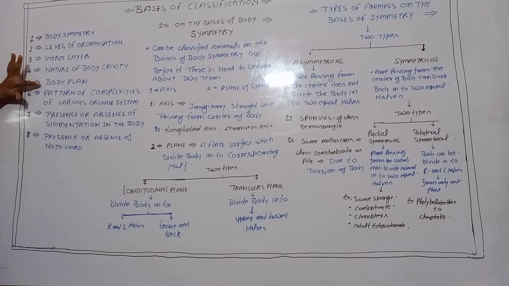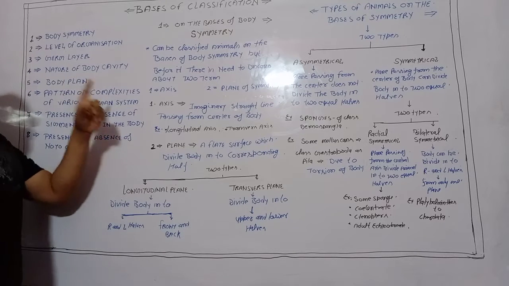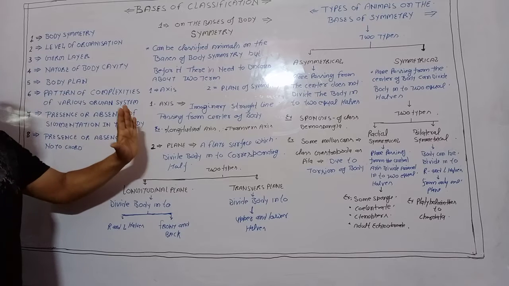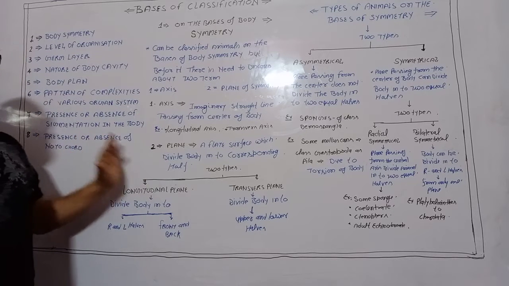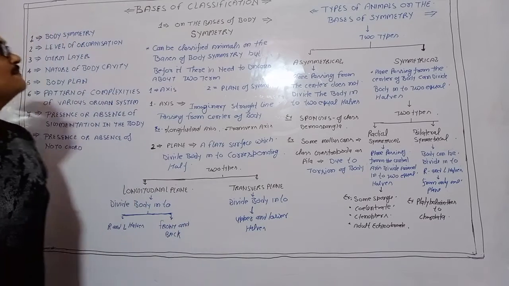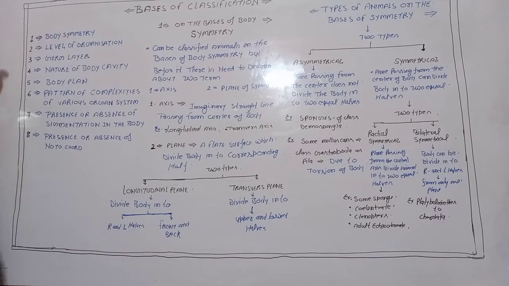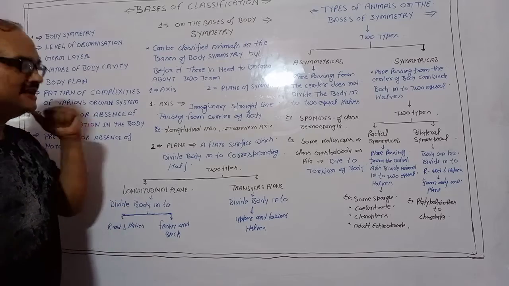This body plan is not given directly in your book, but I include it here because it is very important. After that, presence or absence of segmentation in the body. Last, presence or absence of notochord, which you know very well. So there are a total of 8 bases by which we can divide animals into different categories.